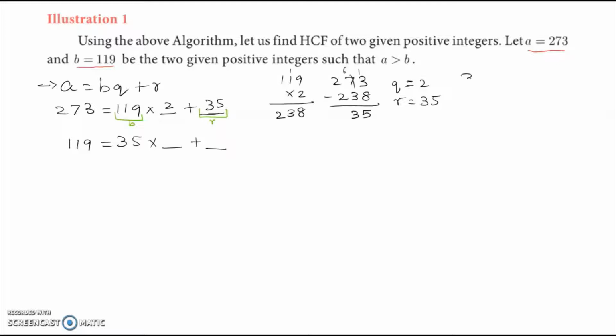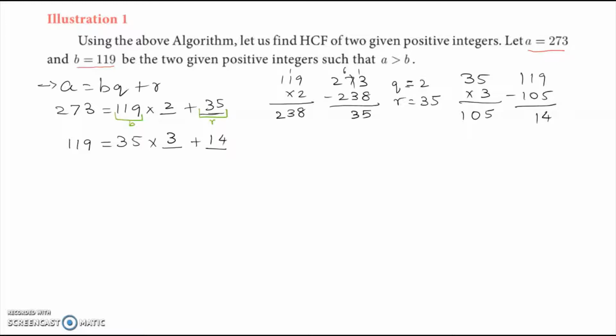So 35 times 3 should give you 105. And 119 minus 105 will give you 14.